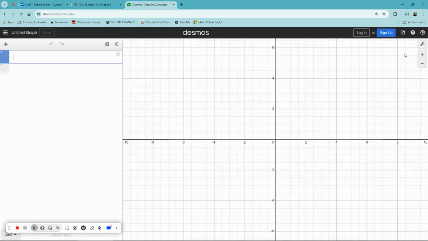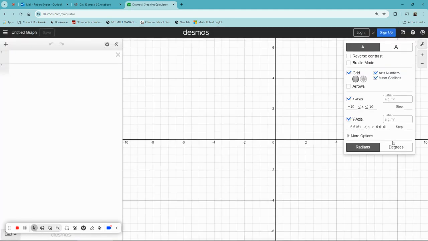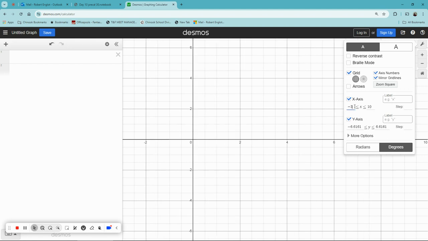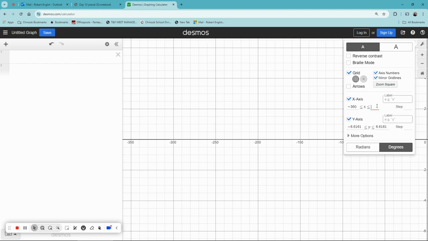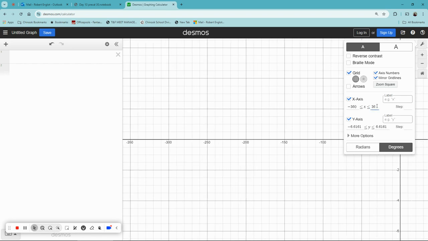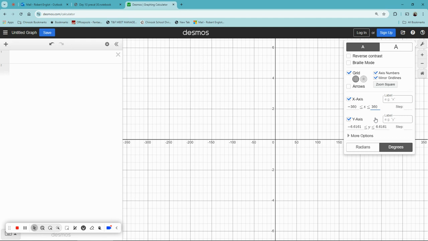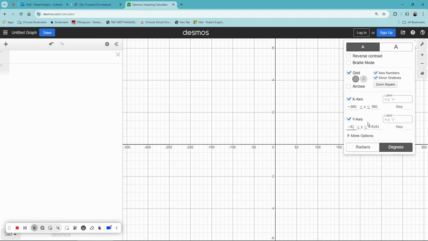Okay, and we'll set it up so that we're in degrees, and we'll do a couple of them. We'll go negative 360 to positive 360. Okay, and then we'll do negative 6 to positive 6, which works out okay.